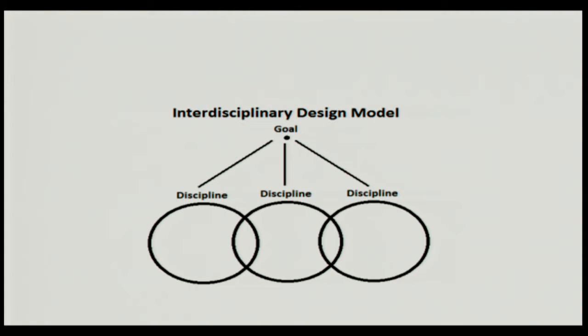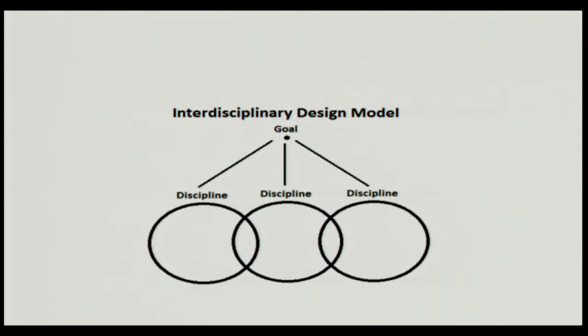Then there's the interdisciplinary design model, where we have an explicit reference of one discipline to the other. And in this model, we have a common goal, and we really use the different disciplines to get to that goal.